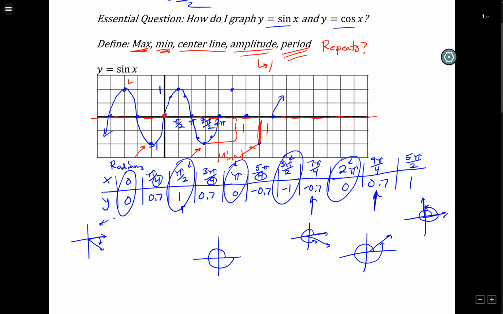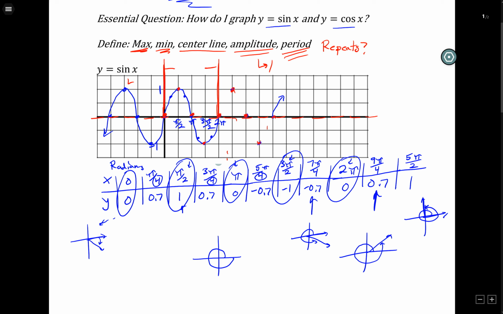We started at 0, 0, then we went up to 1, down to 0, down to -1, up to 0, and that's where the pattern repeated, okay? After that, I did the exact same thing. Up, down, down, up.